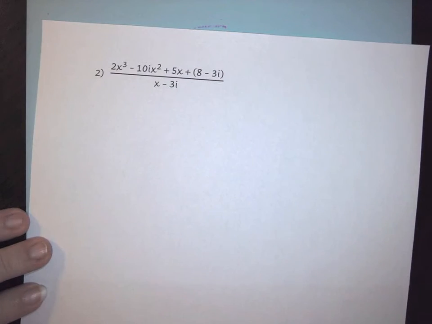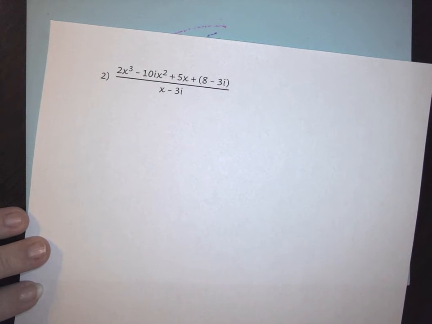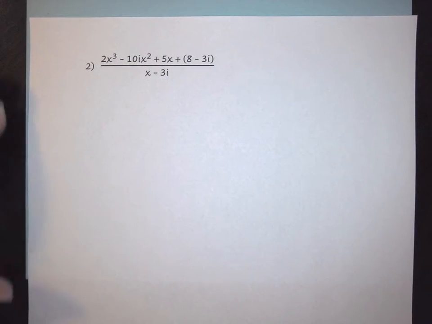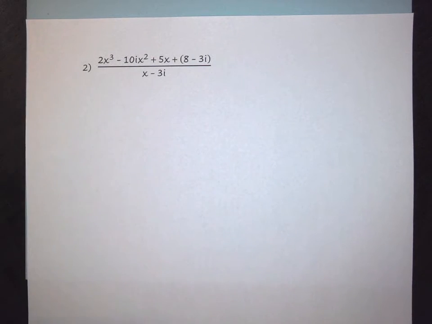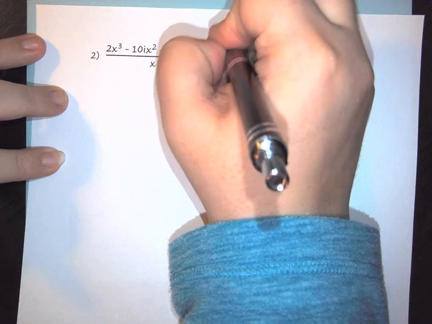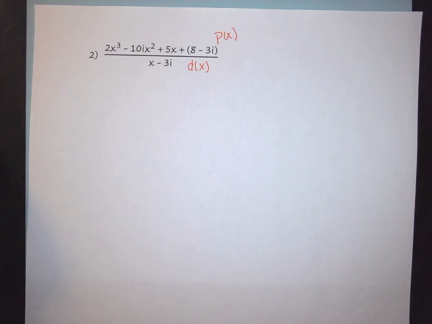Alright, let's take a look at one more example. Now what makes this example different is the fact that here we're going to use imaginary numbers. Okay, so again, we're going to have our p of x on the top and our divisor on the bottom.